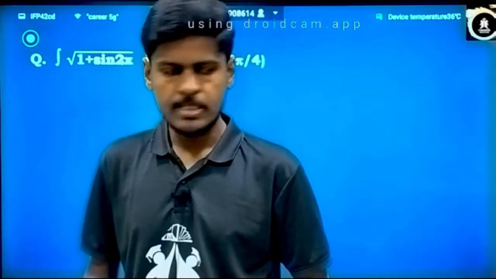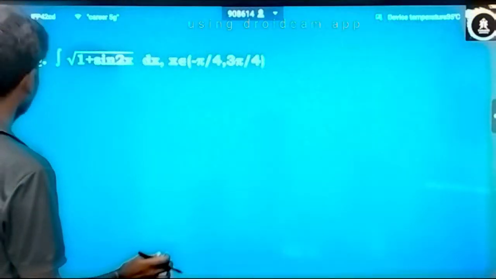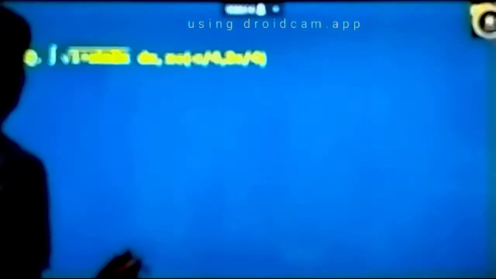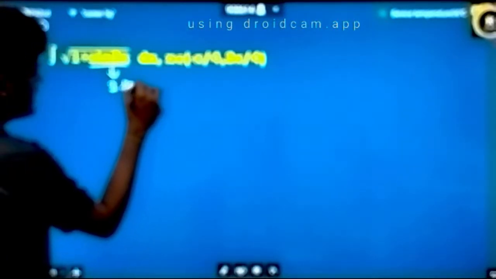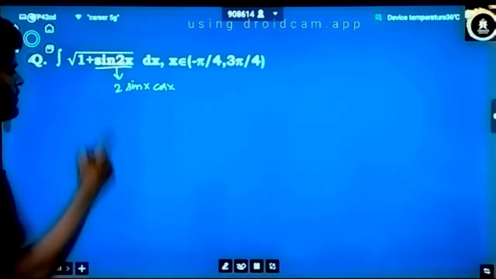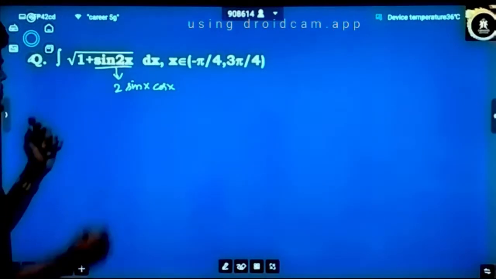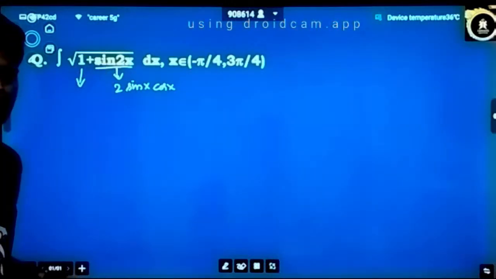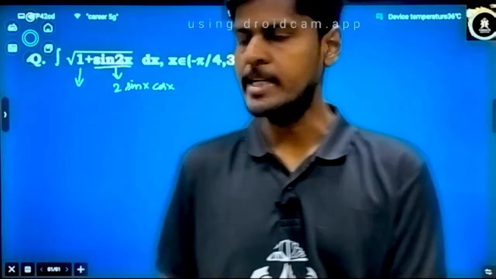So what we can do is, what is sin 2x? Sin 2x is nothing but 2 times sin x into cos x. Now this is in the form of 2ab. That means we have to write this 1 in terms of a square plus b square. Then we have the square term a plus b whole square.